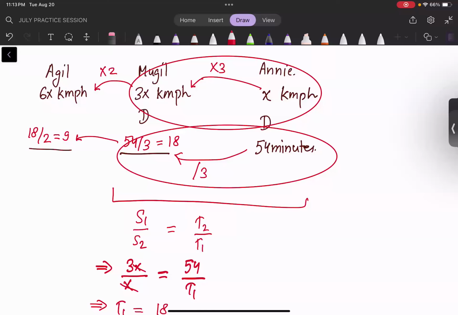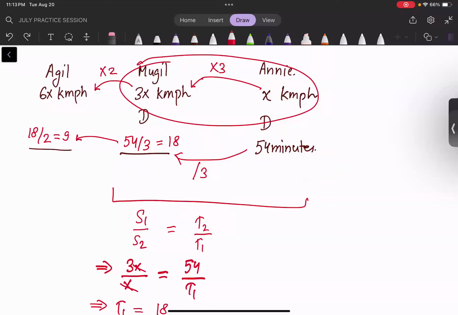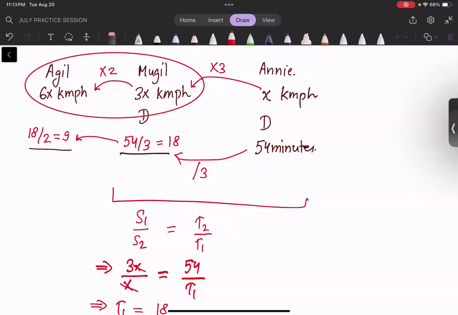If you observe Agil and Mughal, observe the speed and time. Speed of Agil is twice of Mughal, so time will be half, not twice, half. Opposite of twice is half. This point, is it clear to all of you? Please answer that.